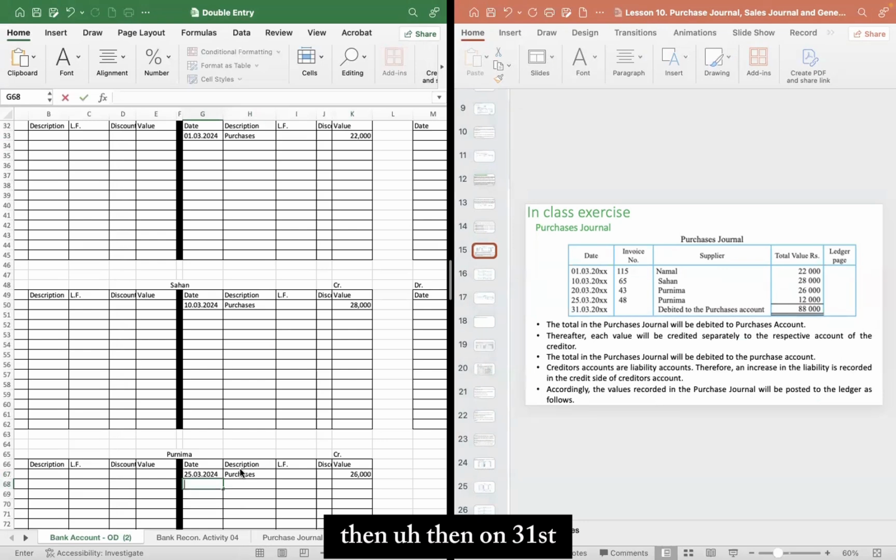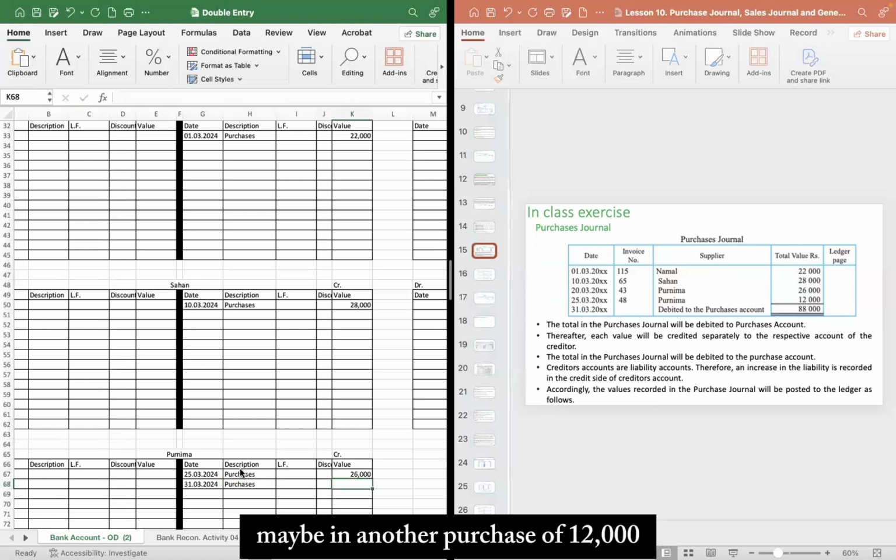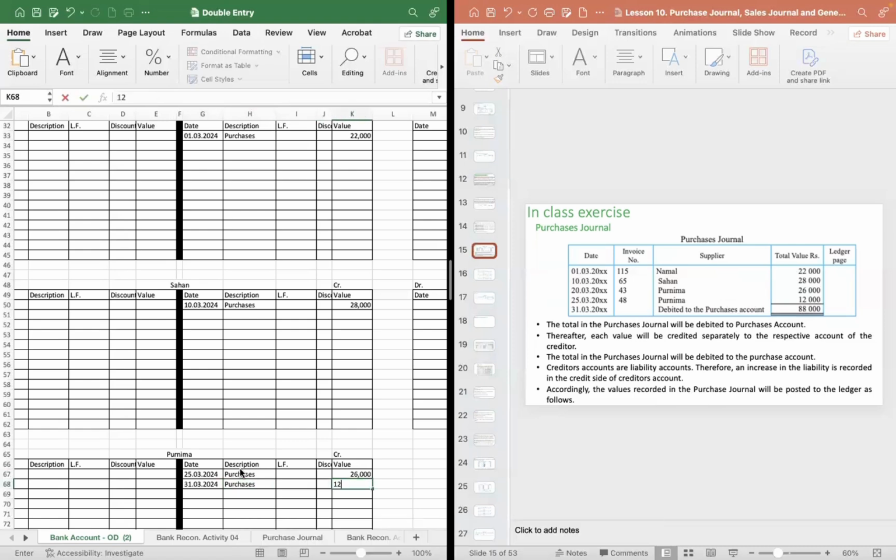Then on 31st March 2024, again another purchase of 12,000. That's it.